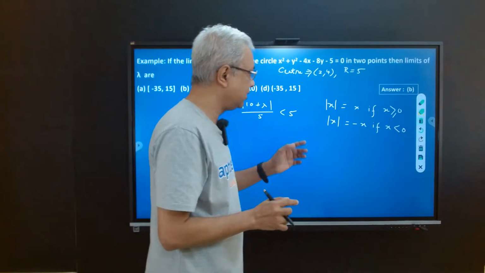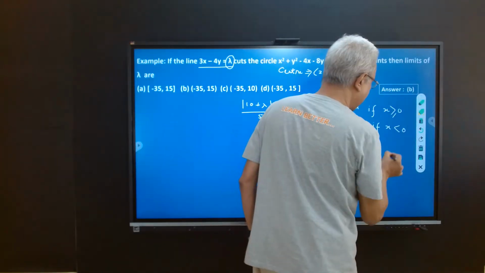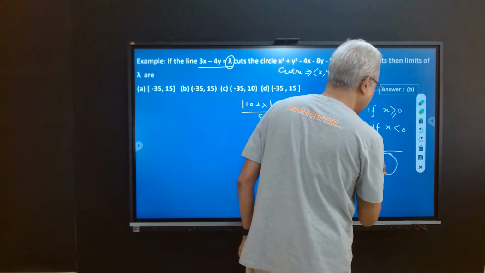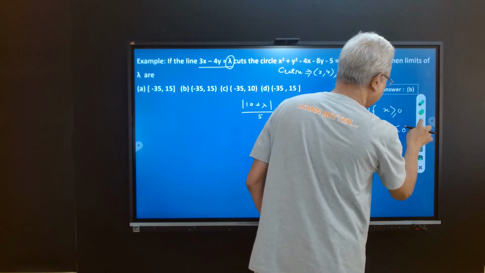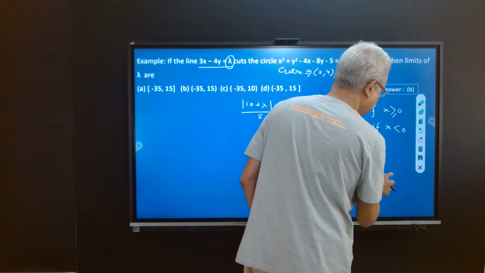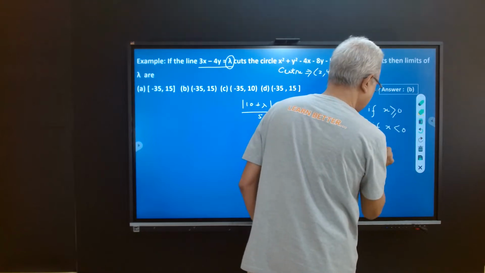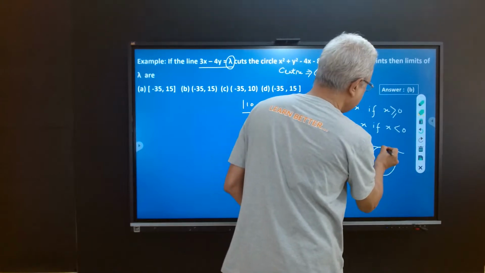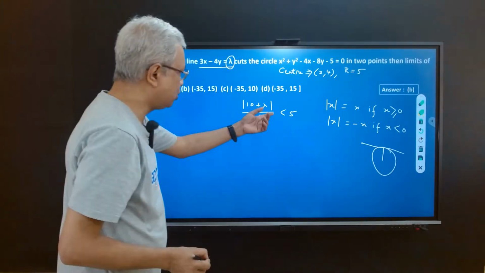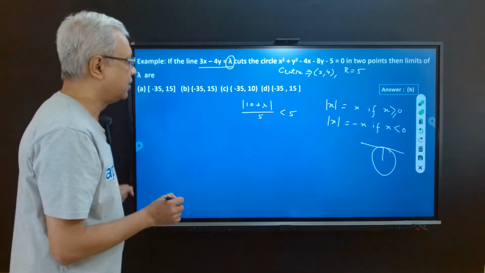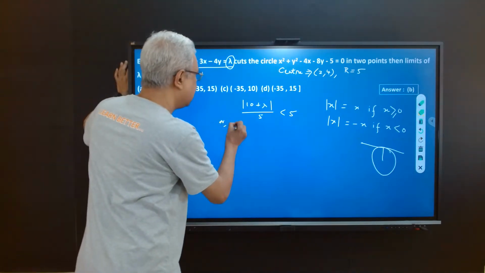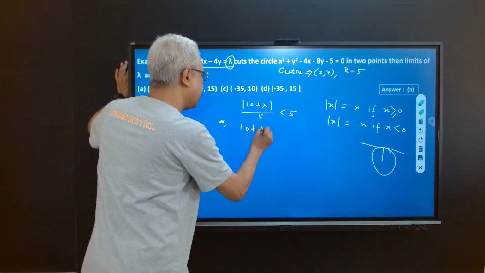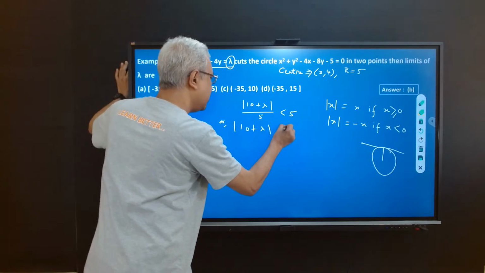Had it been equal, the line would have become a tangent to the circle. In that case, d becomes r. So d should be less than r. Or I can write mod 10 plus lambda should be less than 25.